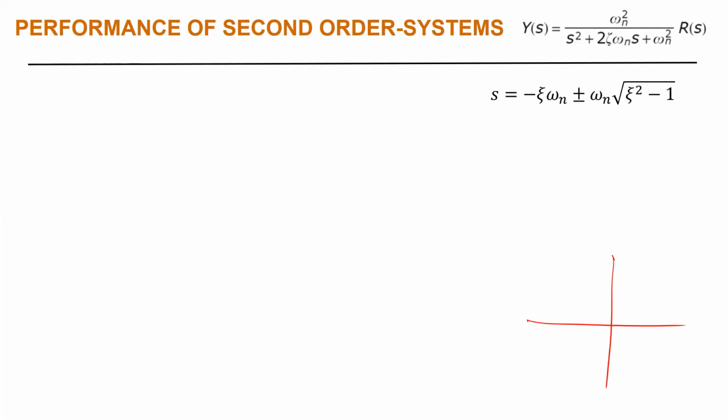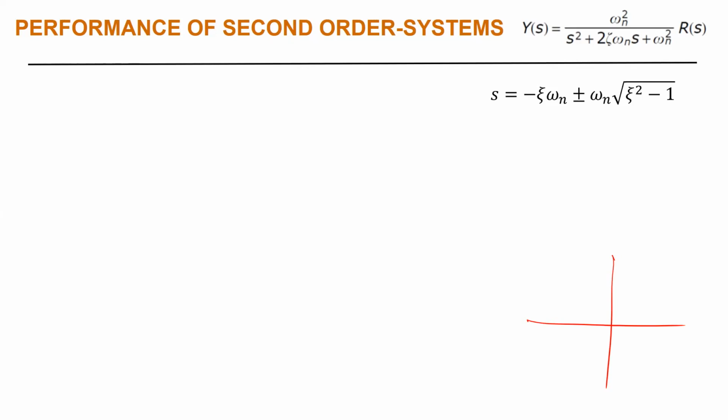Look, suppose zeta equals 0. What do we have? You will have pure complex numbers. If zeta is between 0 and 1, what do I have? Underdamped, which is basically complex conjugate roots.